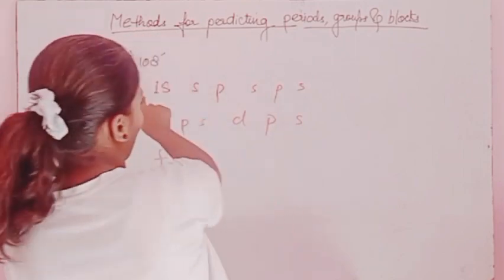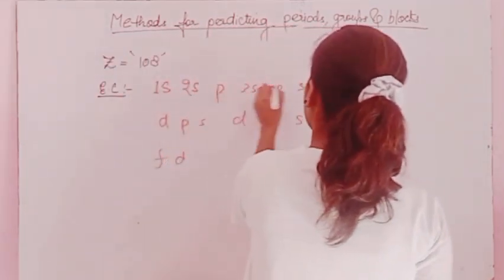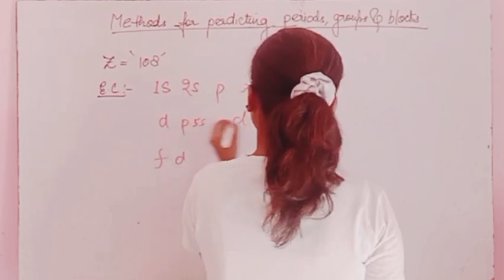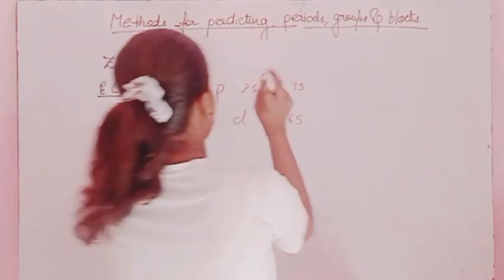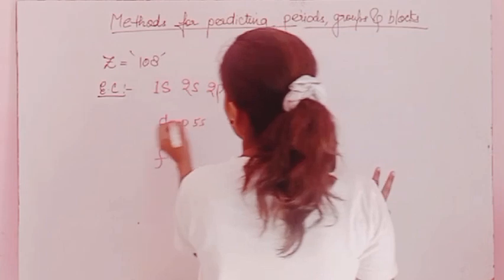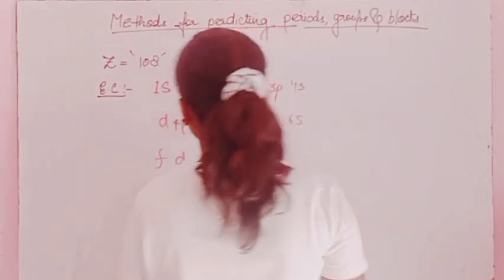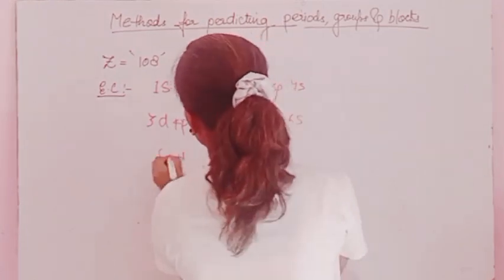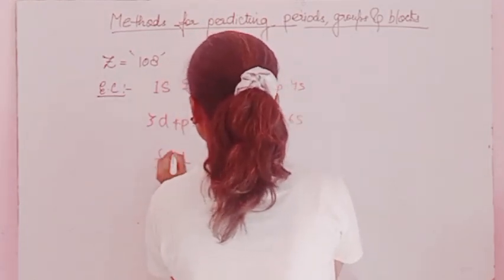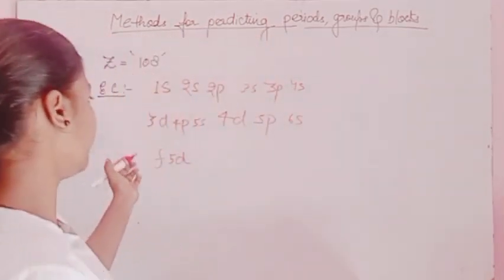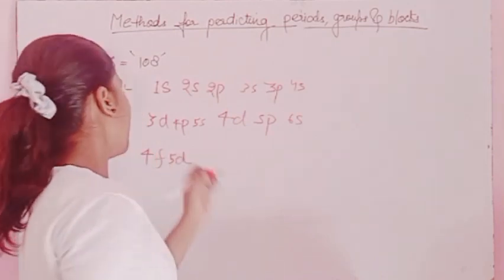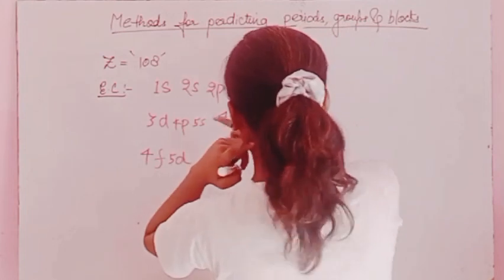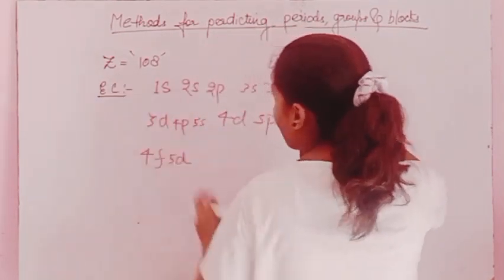Start with 1, 2, 3, 4, 5, and 6. p starts with 2, 3, 4, 5; d starts with 3, 4, 5; and f starts with 4.